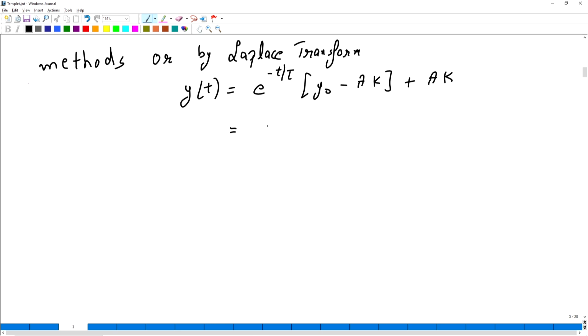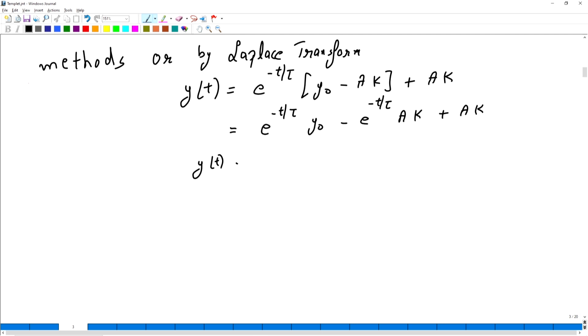This can be further written as e power minus t by tau into y naught minus e power minus t by tau a into k plus a into k.